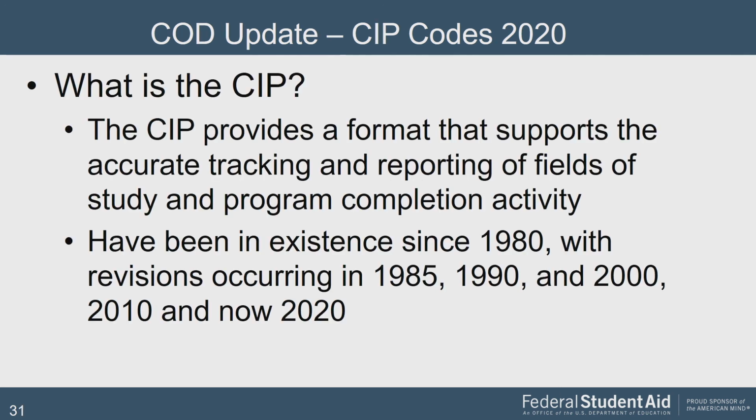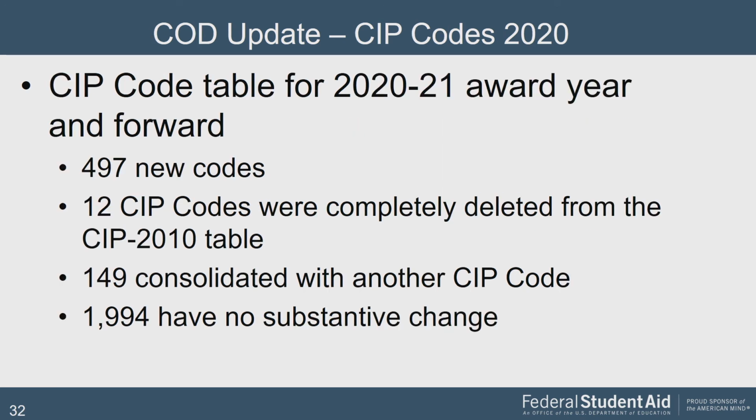The codes have been in existence since the 1980s, and they are reviewed generally every decade or so. I always remember it's with the census that we should probably be looking at new CIP codes. And I know they didn't give you this much detail in the general session today.